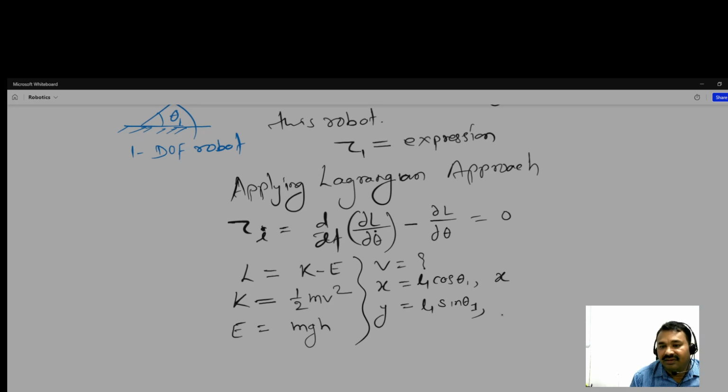Let us have the velocity of this. So x dot means dx by dt. What do we get?